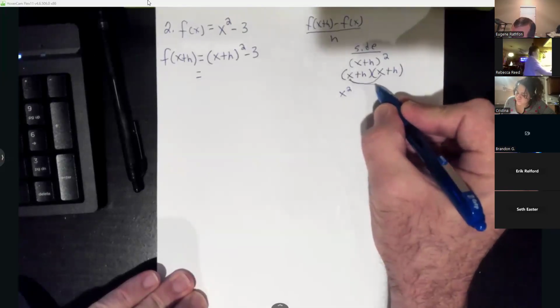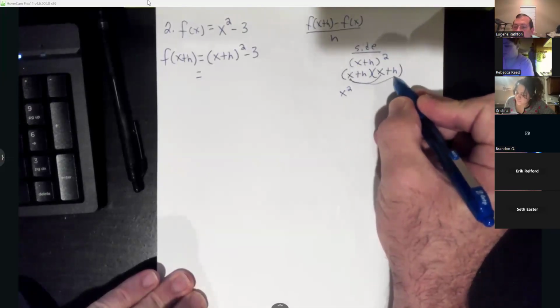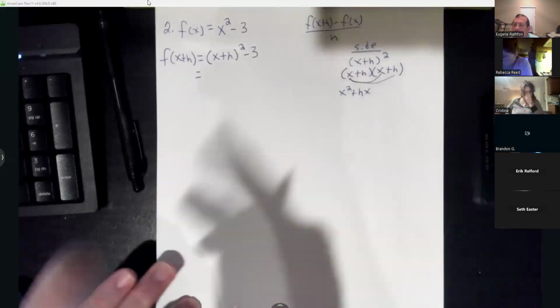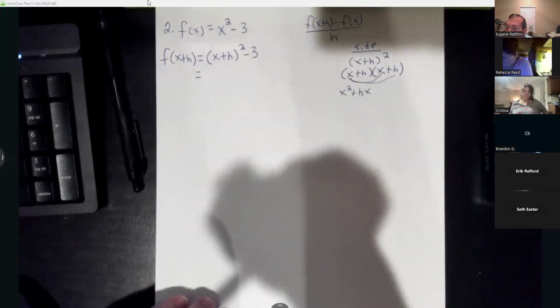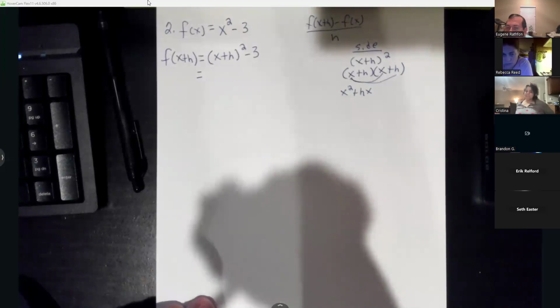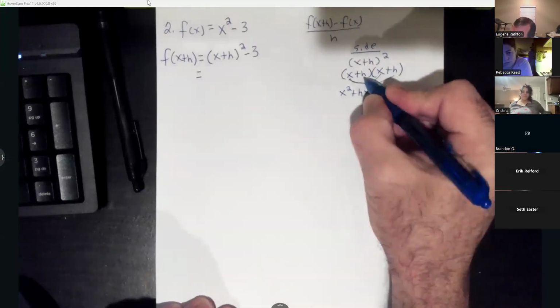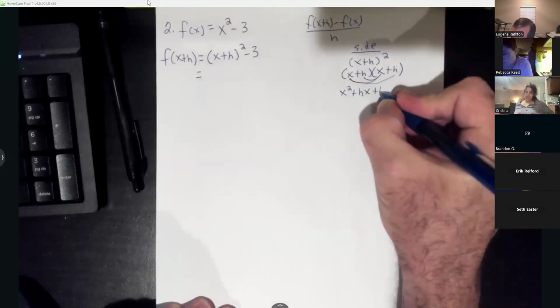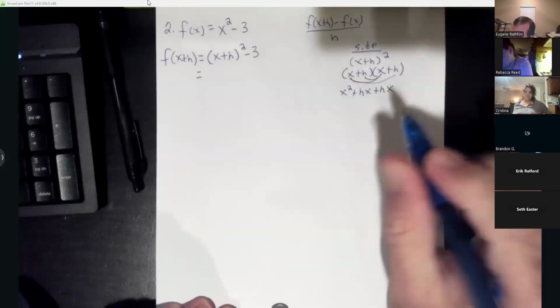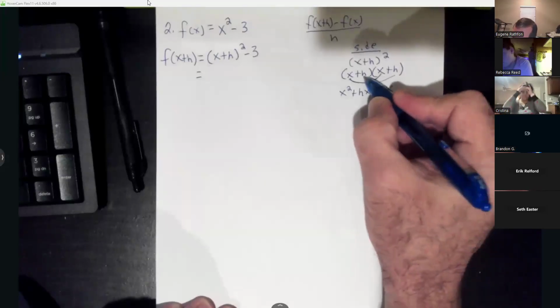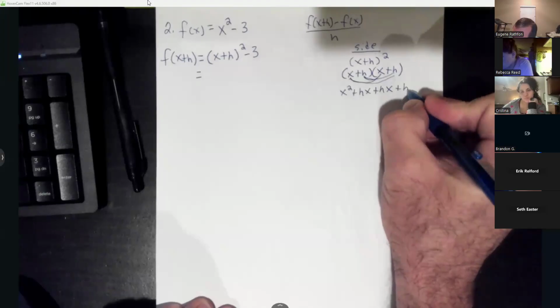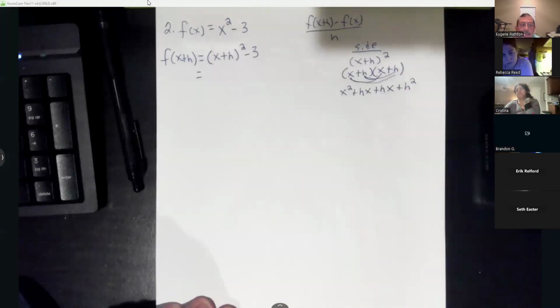I'll multiply that x times that h at the end, that's going to give me an hx. I'm just going to keep mine in alphabetical order on the variables, okay? In the middle, I distribute that h times that x, that's going to give me another hx. And then finally, that h times h gives me an h squared.